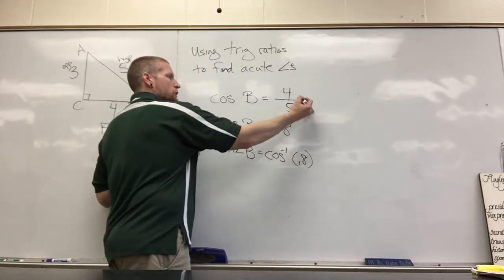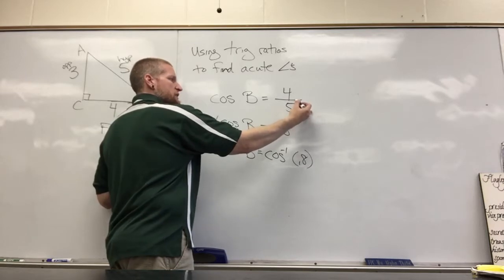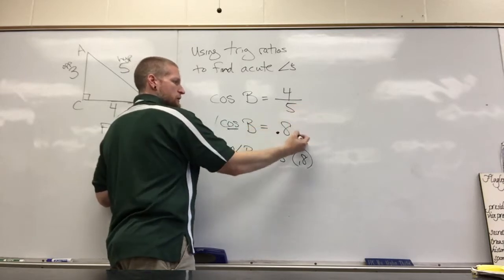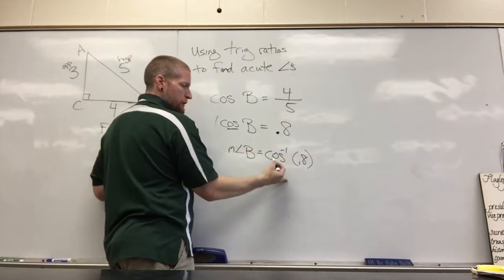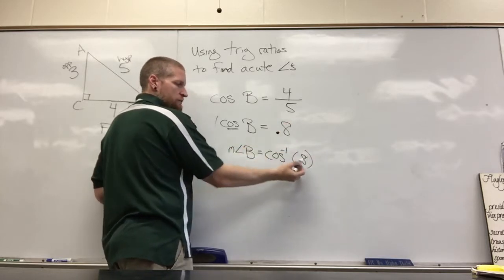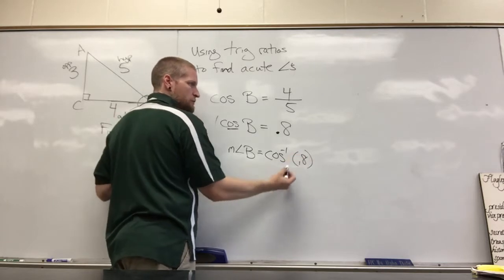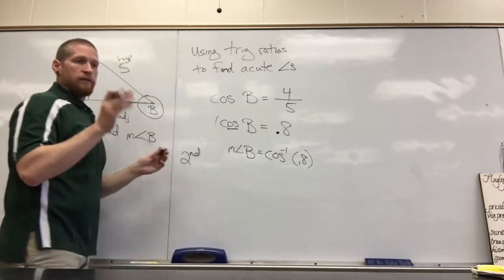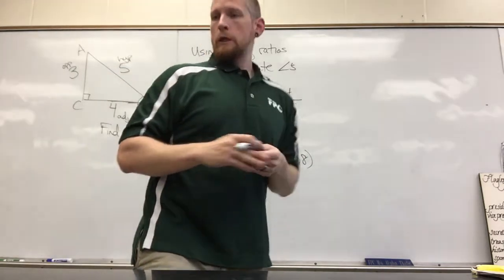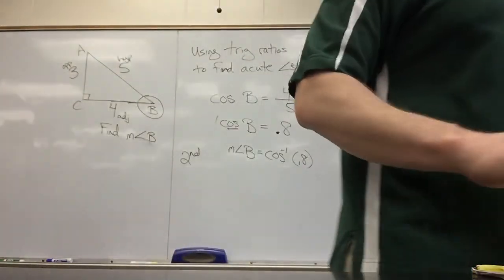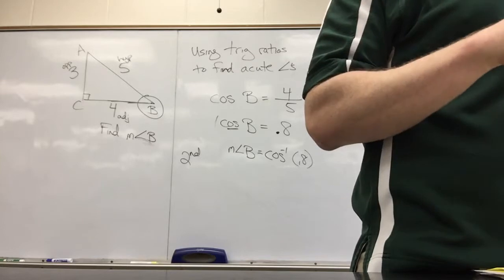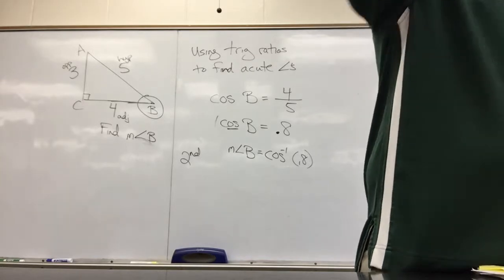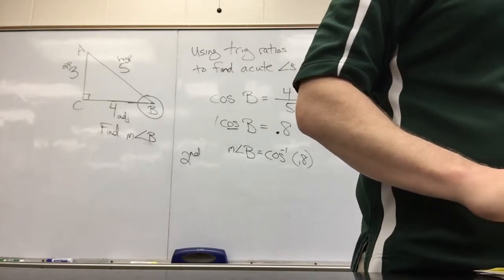All right, so your process should be make this a decimal once you write the ratio. Whatever this decimal is, you're going to do the cosine -1 of that specific decimal. However your calculator works, however you got to type it in, go at it. If you got to do decimal first and second cosine, which if you're on the phone, I think you put 0.8 and then second cosine and it'll work.